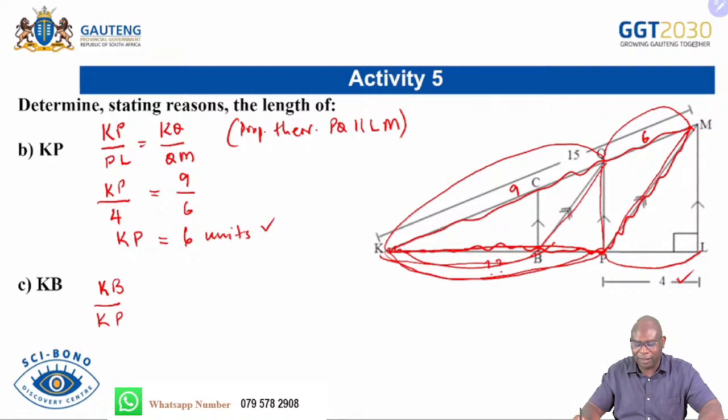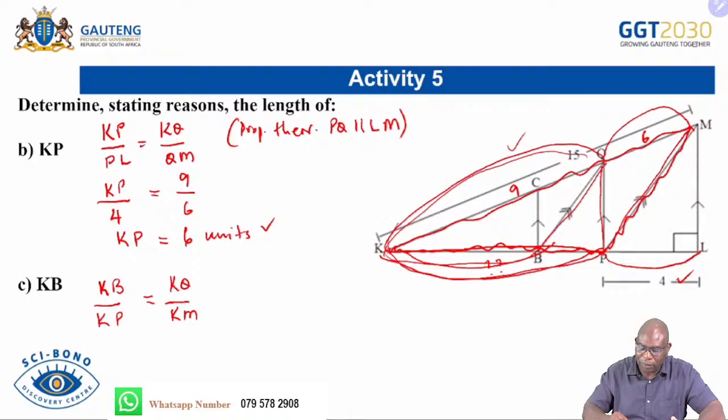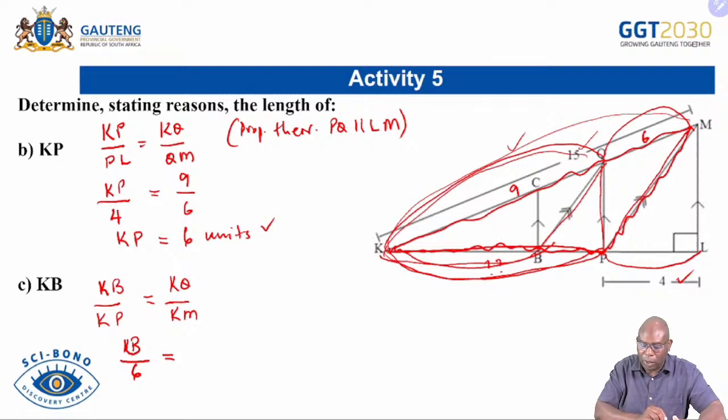Oh, nice. So now the other proportion will be KQ over KM. Let's see. Do I have KQ? Yes. Do I have KM? Yes, I have the 15. I haven't used it. Let me use it. Nice. Now, what is KB? That's what I want. What is KP? I got it as 6. What is KQ? I have KQ as 9.